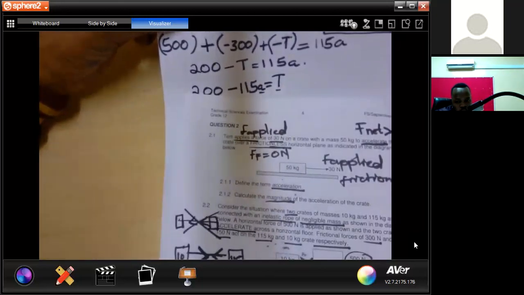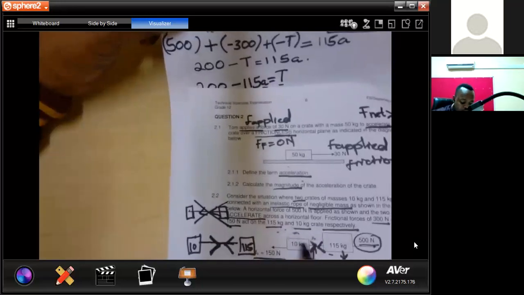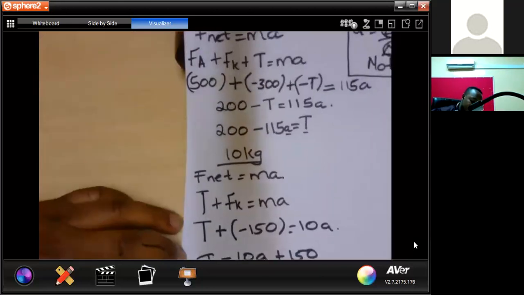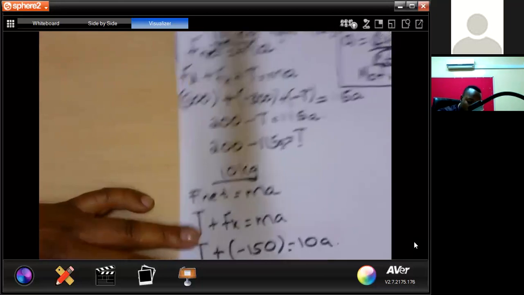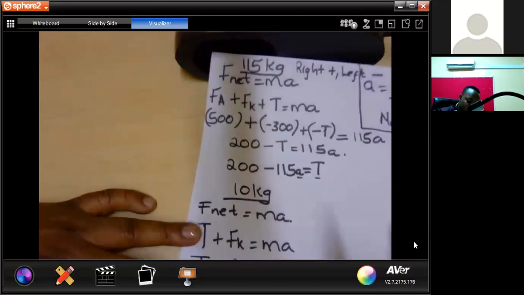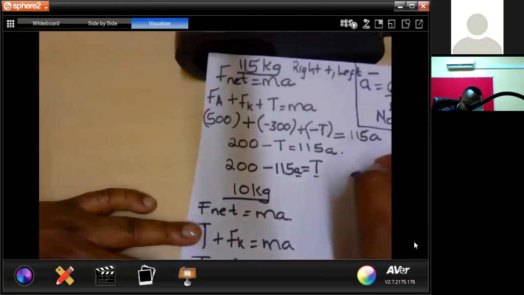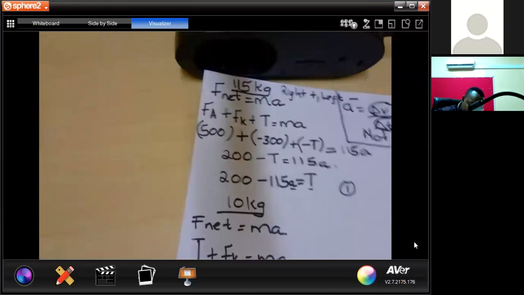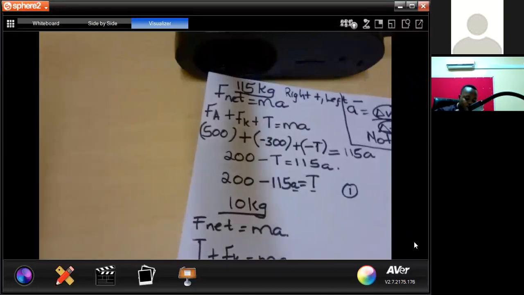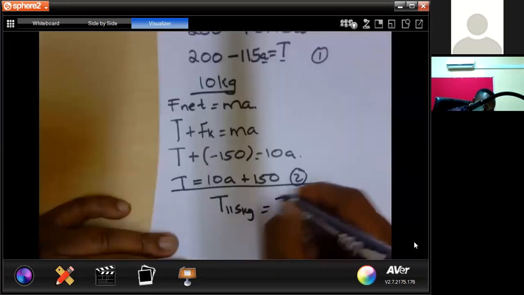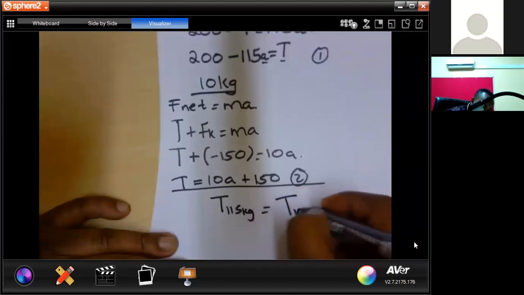Now remember, my learners, the tension on the rope is the same for both the 10 kilogram as well as the 115 kilogram. The tension is the same on this rope for both of them. In other words, you can say this is your equation number 1, this is your equation number 2. The tension on the 115 kilogram is actually the same as the tension on the 10 kilogram.